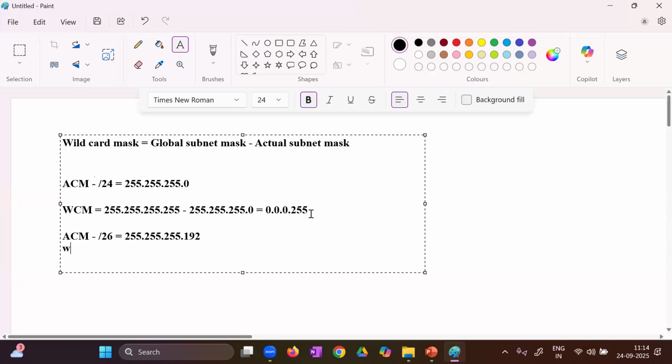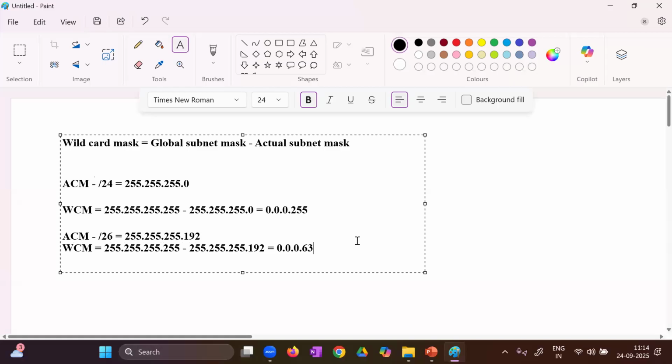Now, when you calculate the wildcard mask, we calculate 255.255.255.255 minus 255.255.255.192. What is the value we get? 0.0.0.63.